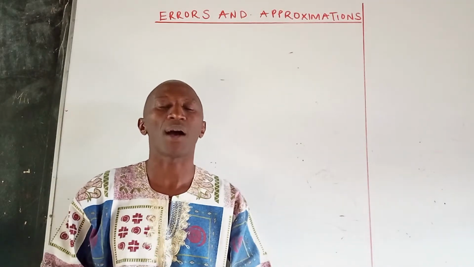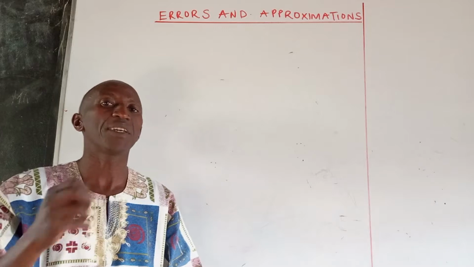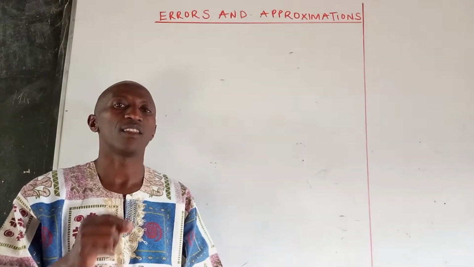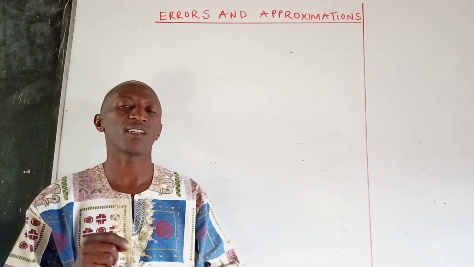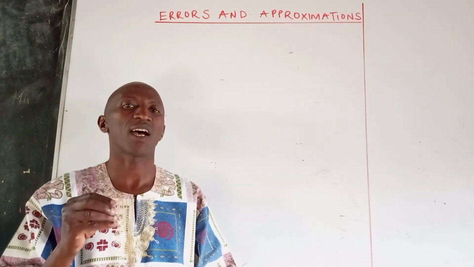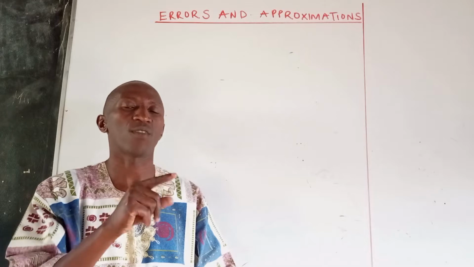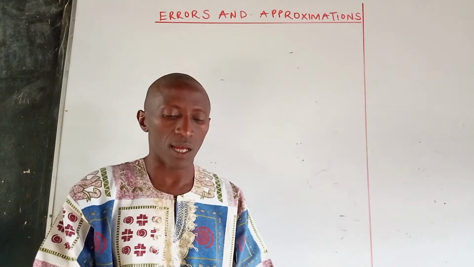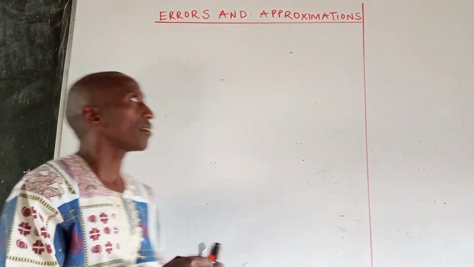Usually, when a number is approximated, there is a difference between the true value and the approximated value, and that serves as the error of that number. So straight away we can put that down.